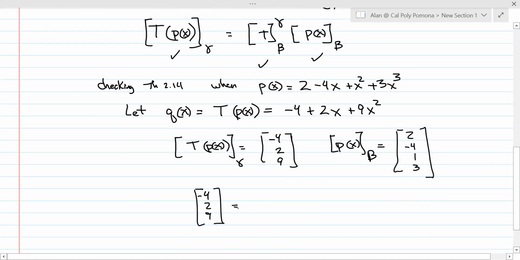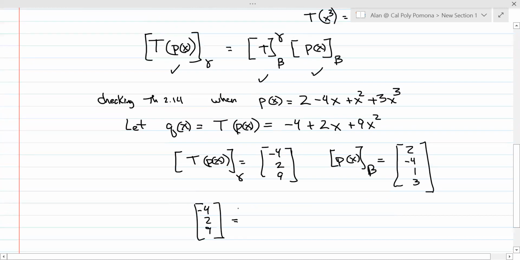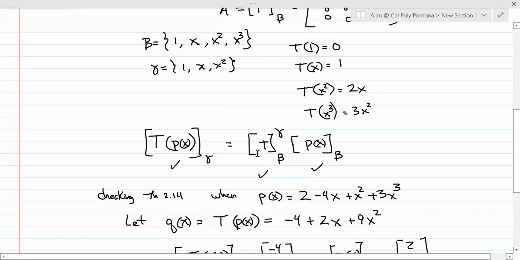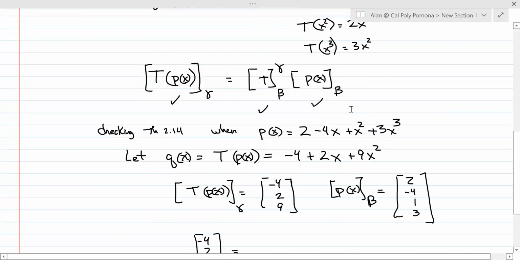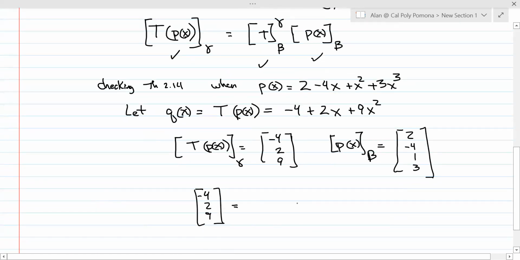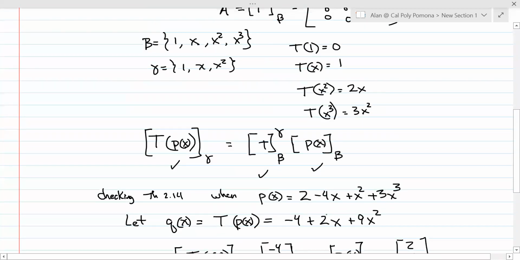That's what you'll get if you do what? If you take the matrix corresponding to this, which was this guy. So it's 3 by 4. And I don't remember all the rows.